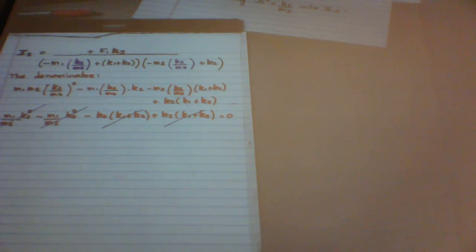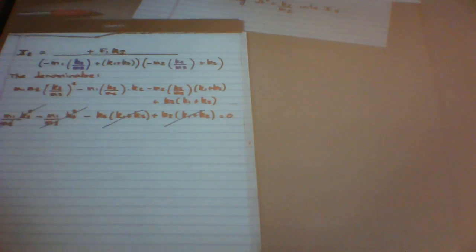When capital omega equals omega, omega sub A will be the omega of the absorber. The response goes to infinity when there is no damping. So that makes sense?